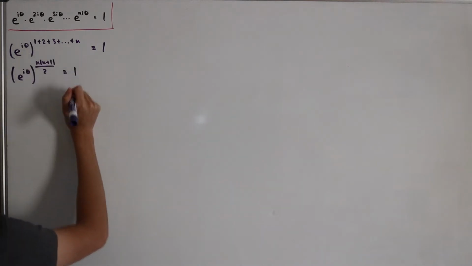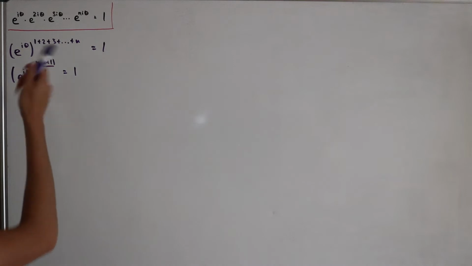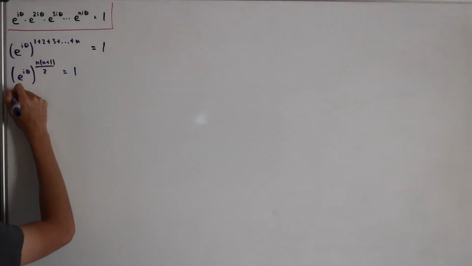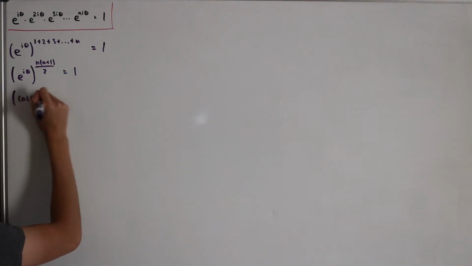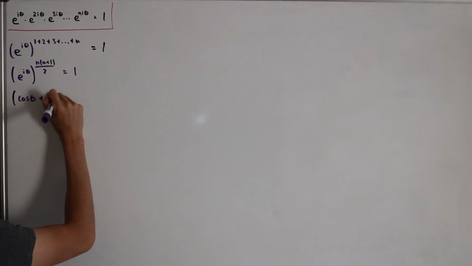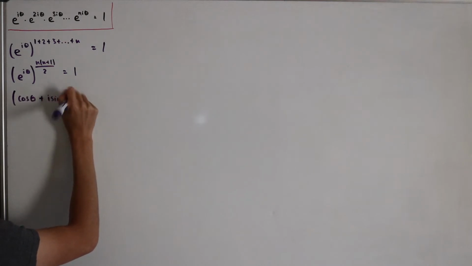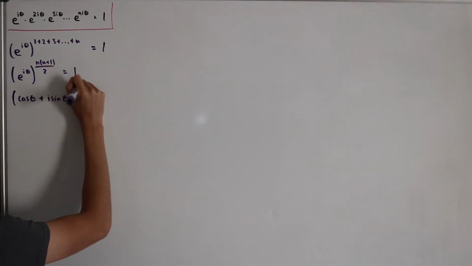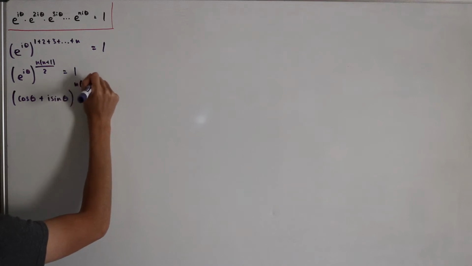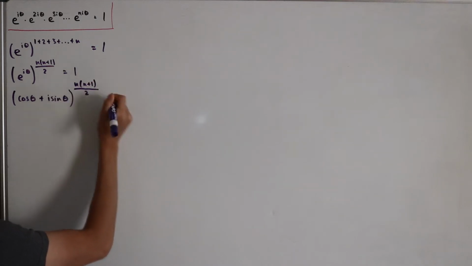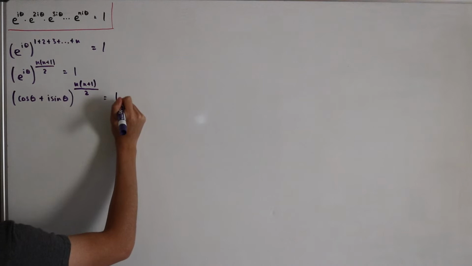Now the next thing is that I can rewrite e to the power i theta using Euler's formula, dealing with cosines and sines. So this is cosine theta plus i times sine theta, and then still we have the power n times n plus 1 divided by 2, which is still equal to 1.